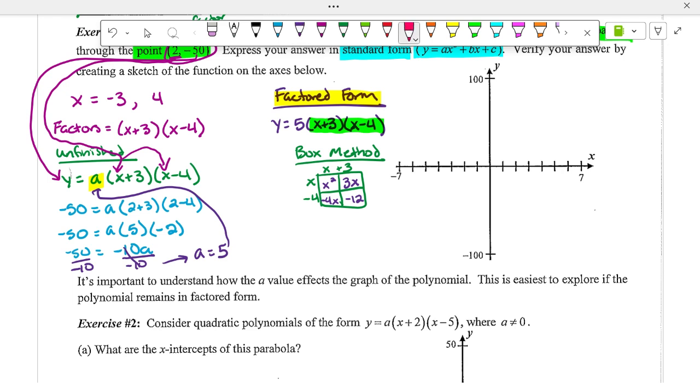Then I just need to combine like terms, which is just the x's, and pull it out of the box. So I get x squared. What's negative 4x plus 3x? Negative 1x, or just negative x, minus 12. And I'm not done because remember, you got to bring that 5 down.